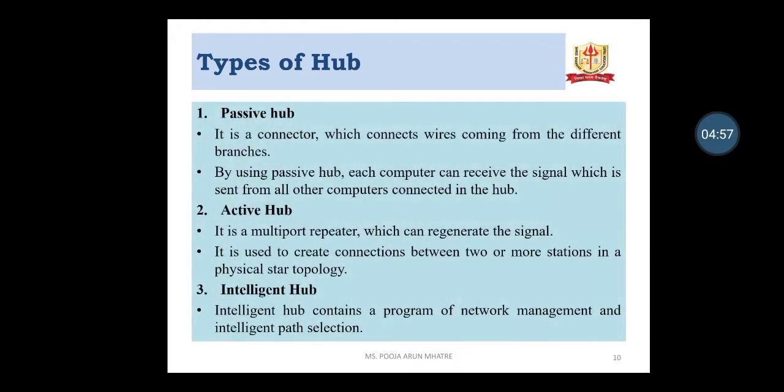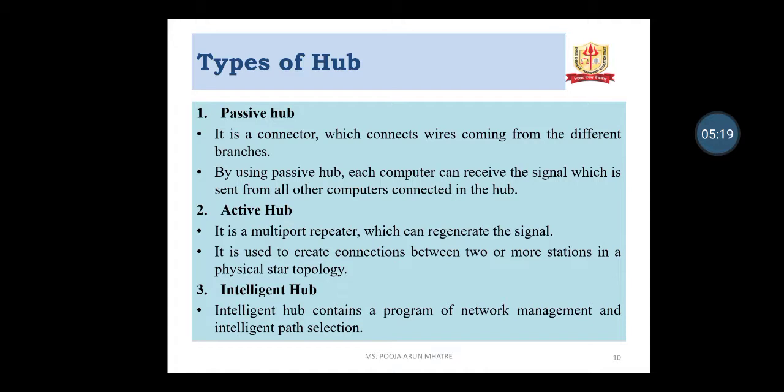Types of hubs. The main types of hubs are passive hub, active hub, and intelligent hub. The first one is a passive hub. It is a connector which connects the wires coming from the different branches. By using a passive hub, each computer can receive a signal which is sent from all other computers connected to the hub. The second type is the active hub.